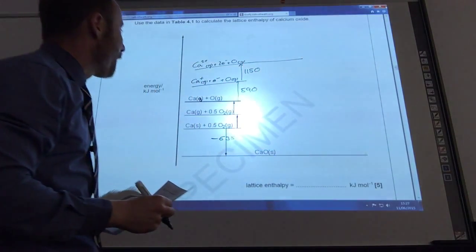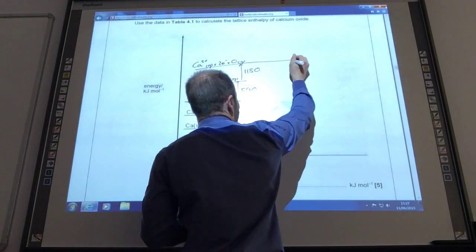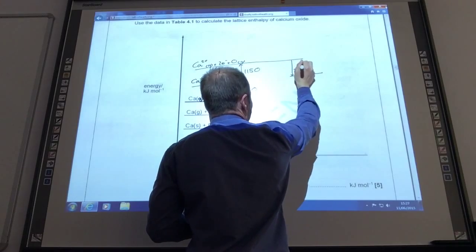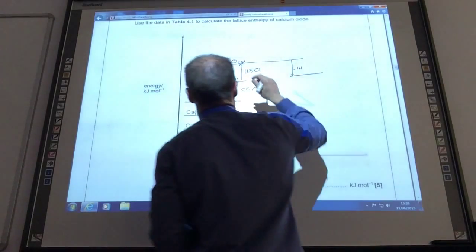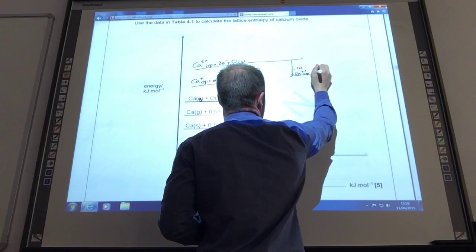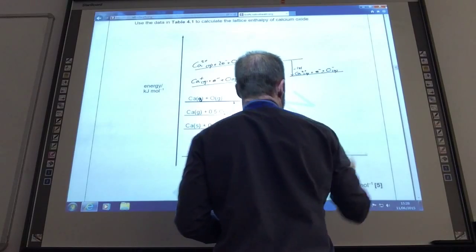I'm now going to do the first electron affinity of oxygen, which you'll notice is a negative figure. So that's -141. And I've still got calcium 2 plus in the gaseous state. I've only got one electron because I formed O minus gas.